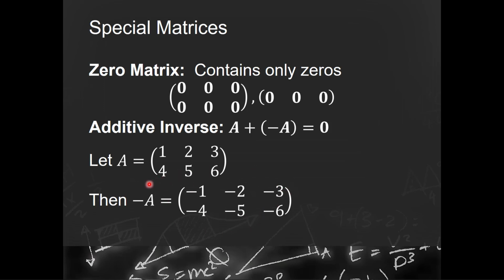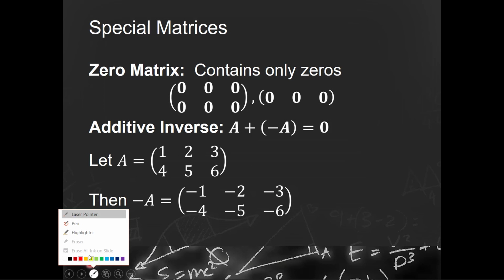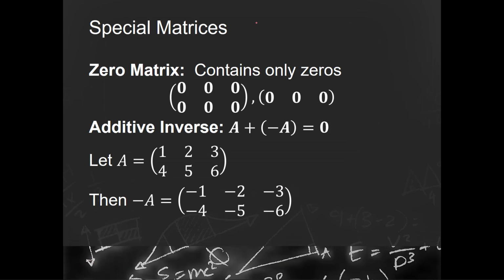And actually, this is how we define subtraction from an algebraic concept. It turns out that in the strict algebraic concept, subtraction, A minus A, is actually addition, where we add A to its inverse to get our result, which is 0.